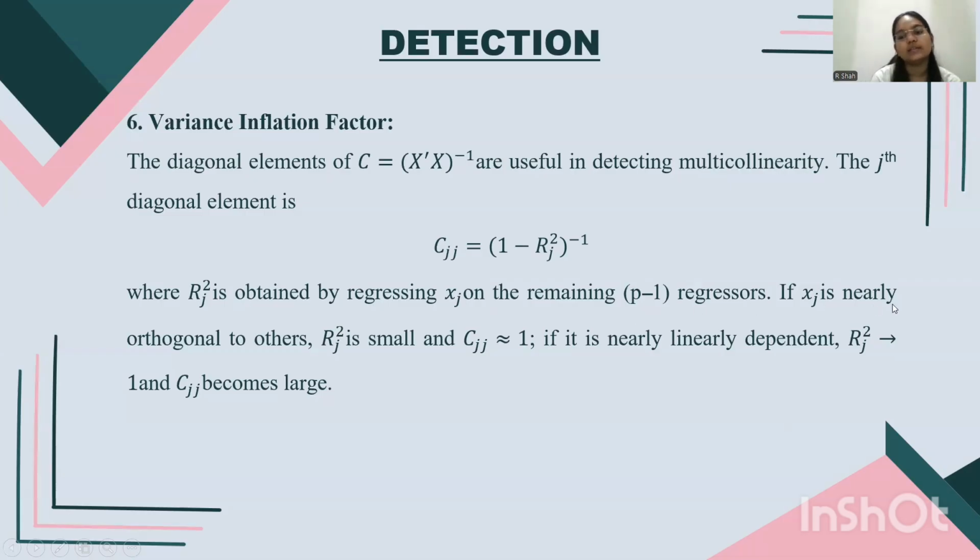If xj is nearly orthogonal to the others, Rj square is small and Cjj is nearly 1. If it is nearly linearly dependent, Rj square tends to 1 and Cjj becomes large.